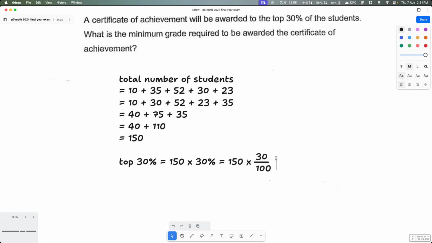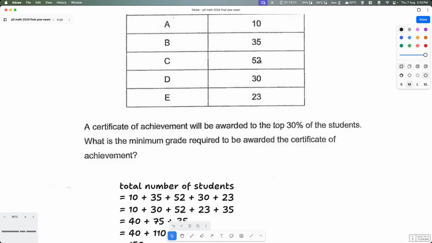And what would this be equal to? I'm going to cancel 10 with 10, then the other 0 with the other 0. In this case it will be just 15 times 3 equal to 45. Now with this, 45 is where?